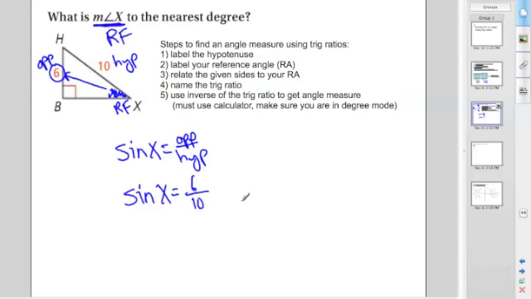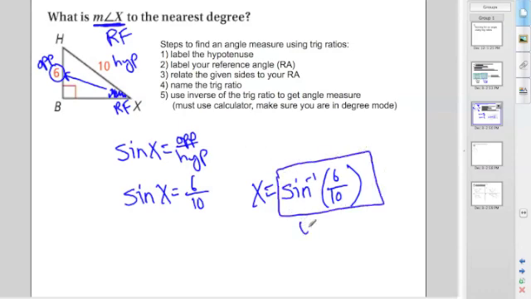If we're going to solve for x, x is going to equal the inverse of sine, 6 divided by 10. So here we have to use our calculator.